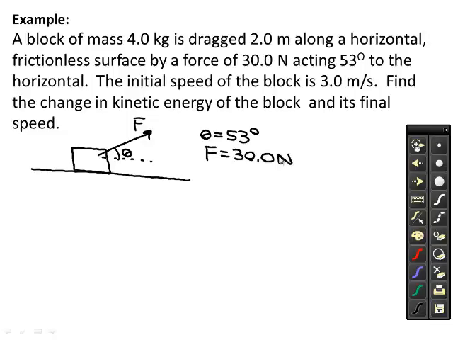The mass of the block, 4 kilograms. Delta x, 2 meters. Okay? Initial speed, 3 meters per second.